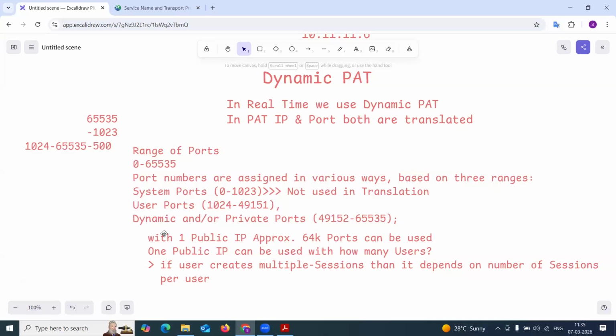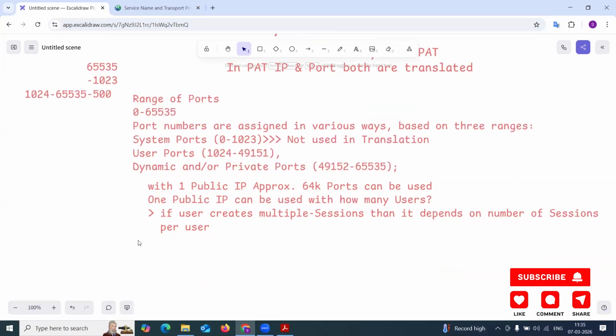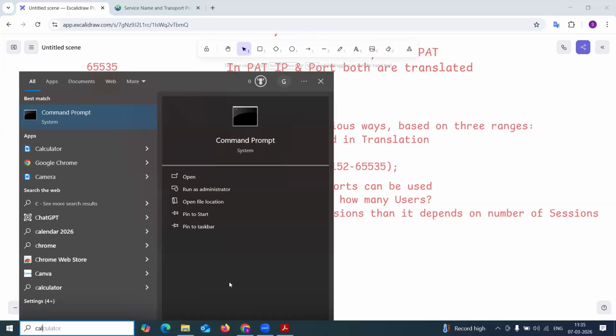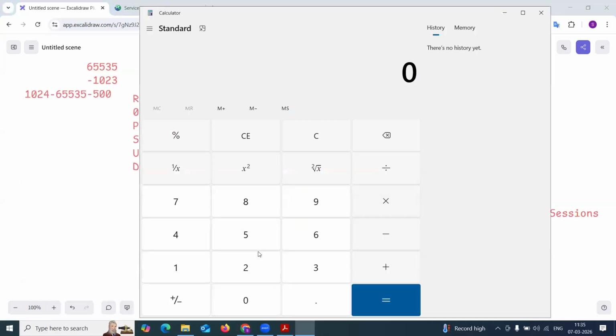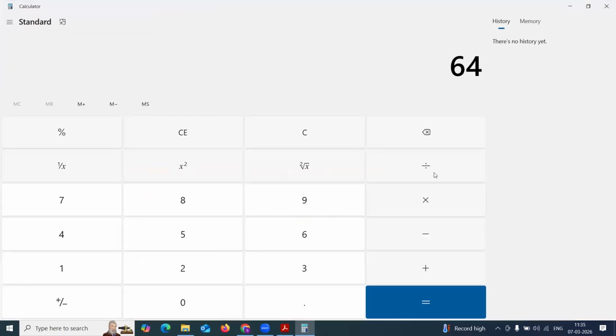But normally, if you ask me how many users approximately, then let's say I have 64,000 port numbers divided by 500, it's like 128 sessions per user. So in this way, 128 users can access it.